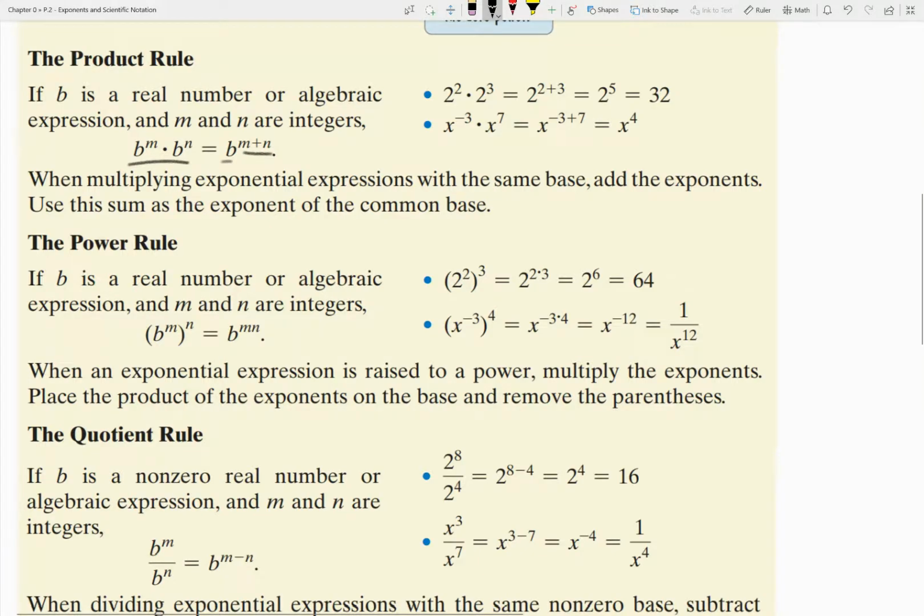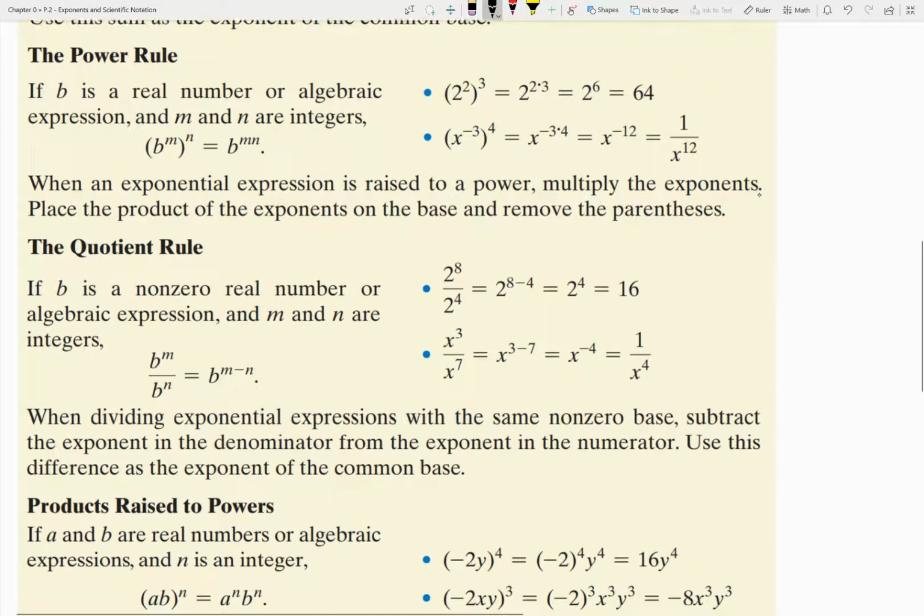So we add the exponents, and use the sum as the exponent of the common base. So these two would get put together, and it would be b to the m plus n power. In our example, 2 squared times 2 to the third becomes 2 to the fifth. That works with negative exponents as well. x to the negative 3 power times x to the 7th becomes x to the positive 4th.